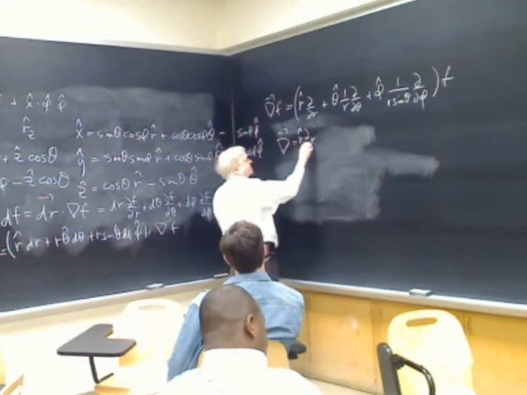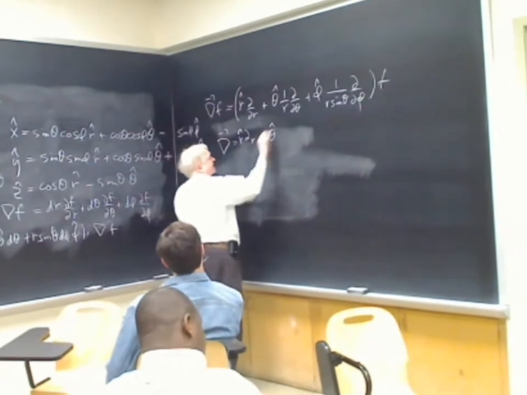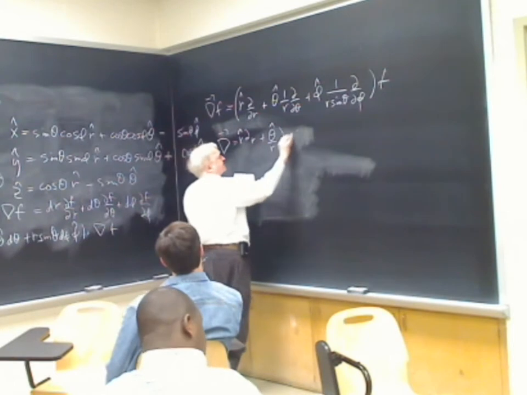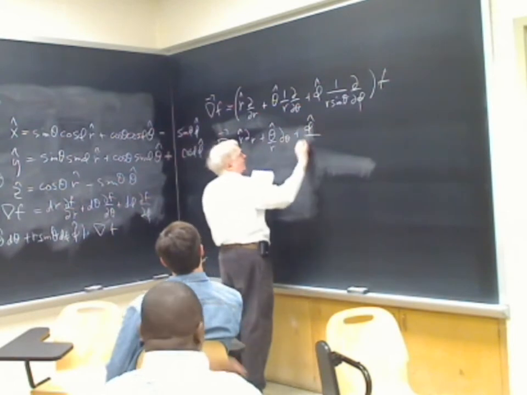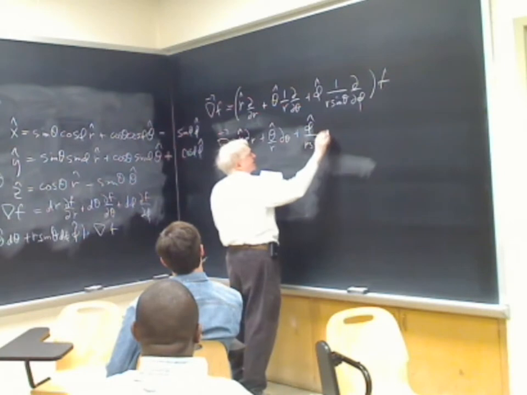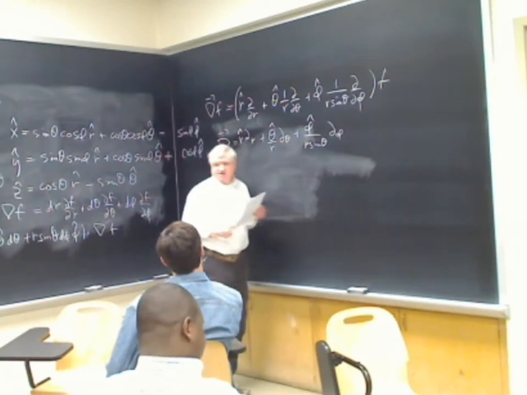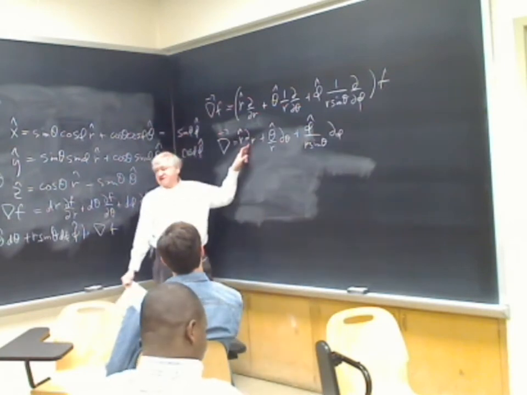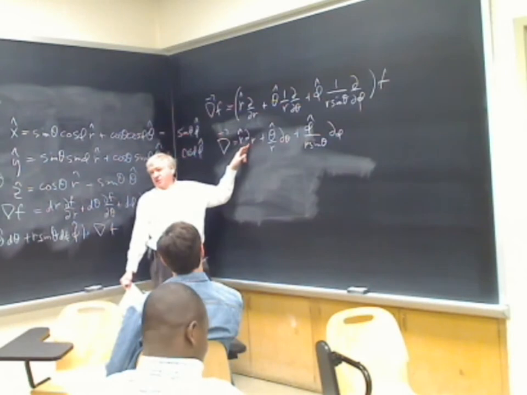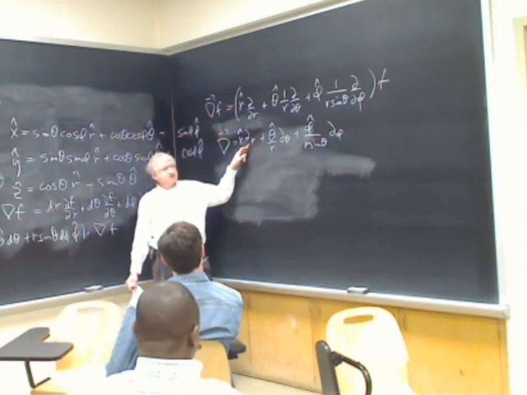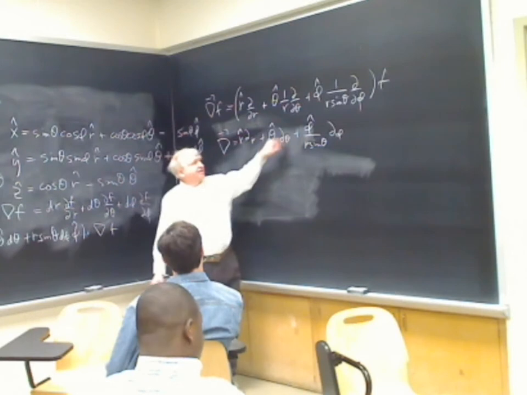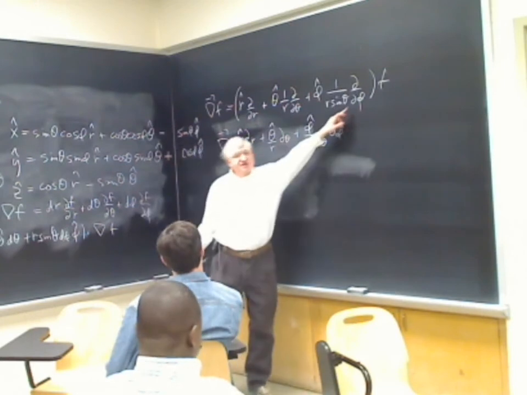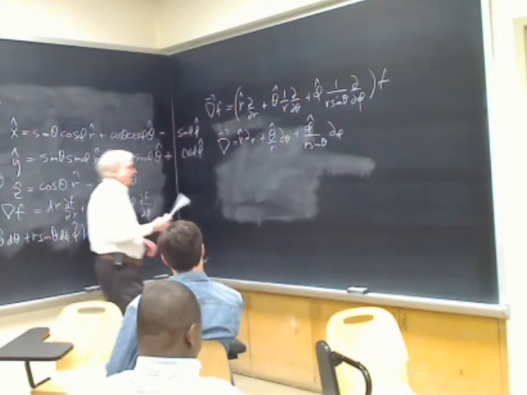In fact, if I use the shorthand, then it's theta hat over r d theta plus phi hat over r sine theta d phi. So is this notation all right? That partial symbol, so partial r means this, and partial theta means that, and partial phi means that. All right.